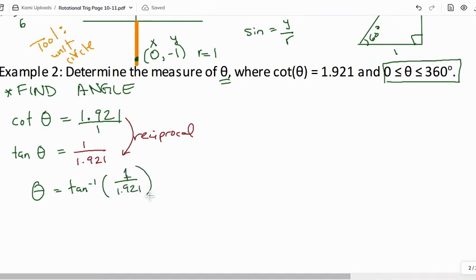This is a question that really highlights the differences between the inverse and the reciprocal. I love asking some type of communication question on the test where I'm asking you to compare the reciprocal of a trig ratio and an inverse of a trig ratio, because they're not the same thing and they have a different function.